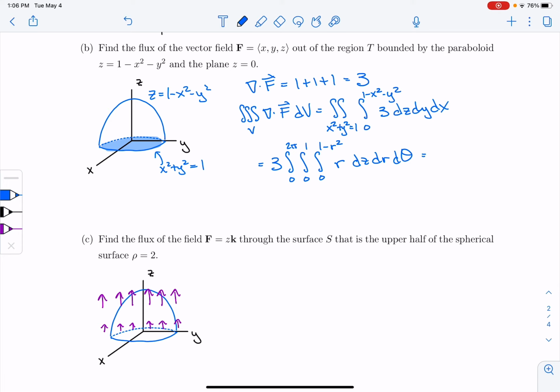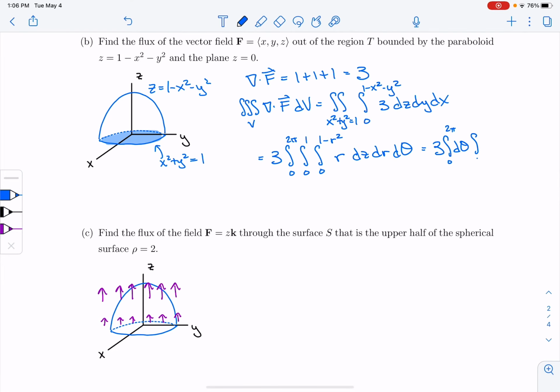So I can think about this as being 3 times the integral from 0 to 2 pi d theta, and then the integral from 0 to 1 of r times 1 minus r squared when I integrate dz, and then this will be dr.